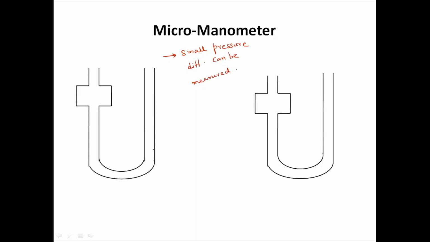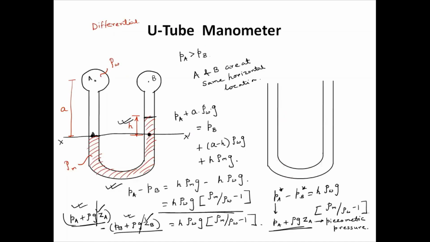With the U-tube manometer, if the pressure difference between PA and PB is very small, then H will be less. If H is very small, you cannot see it.